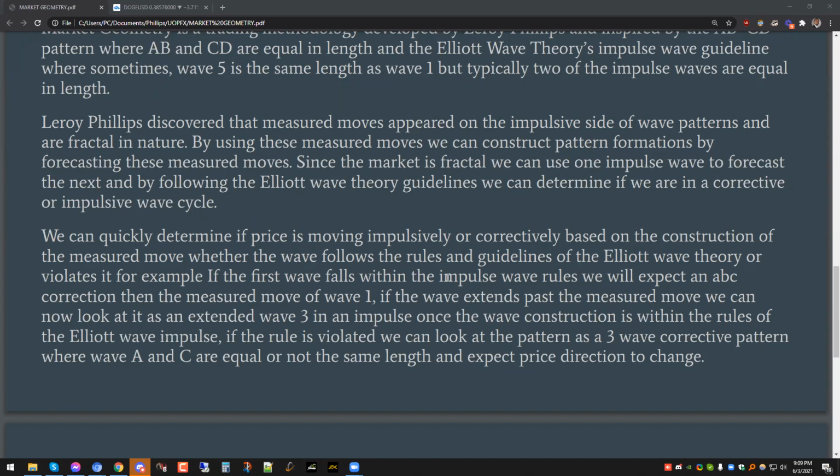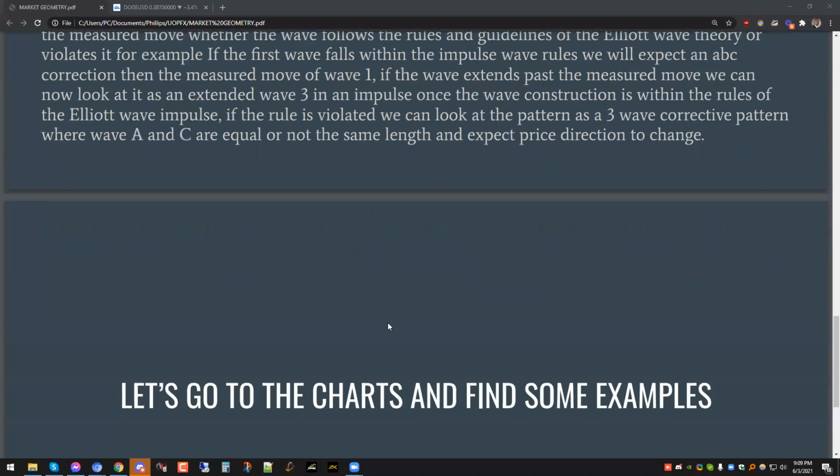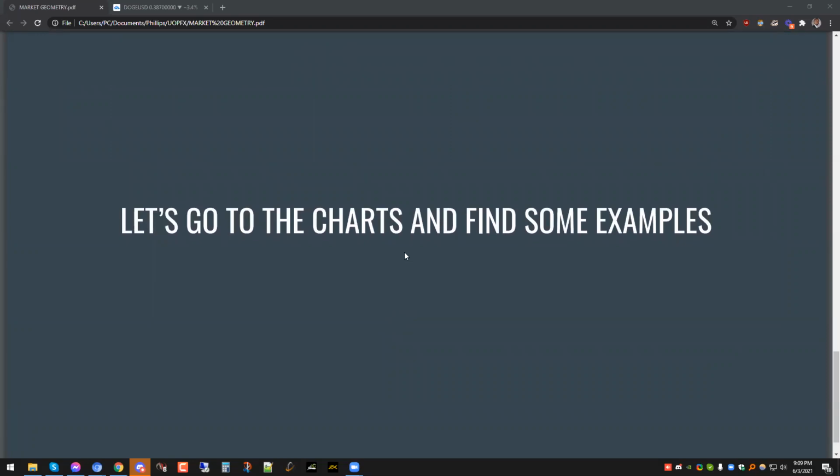So typically, if it's going to be a 5-wave impulsive move, then we would notice that that pattern develops into a bigger degree 5-wave impulse. Or it could also be an ABC pattern, or it can also be AB equals CD, which is still a corrective formation.